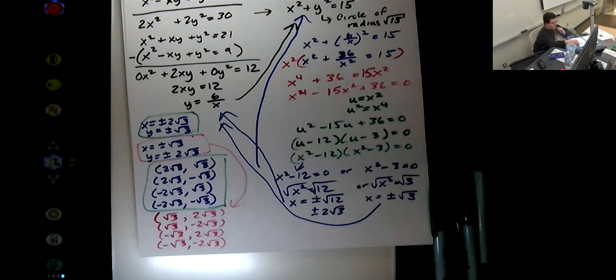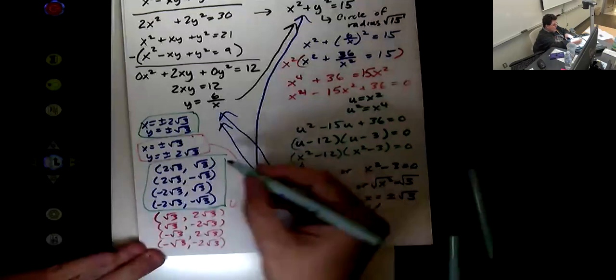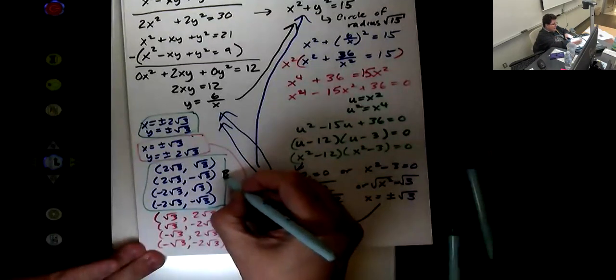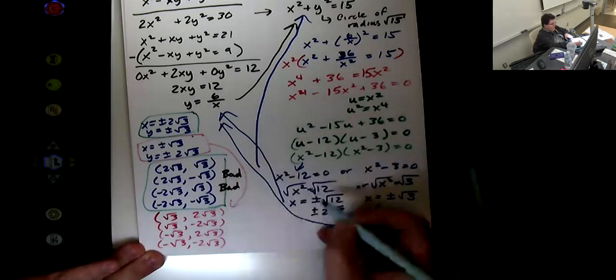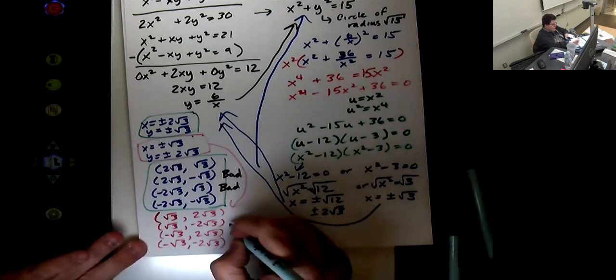It turns out y equals 6 over x would have been the better one to plug these into, because this one is bad. That one is bad. It doesn't work in the original equations. This one is bad, and this one is bad also.